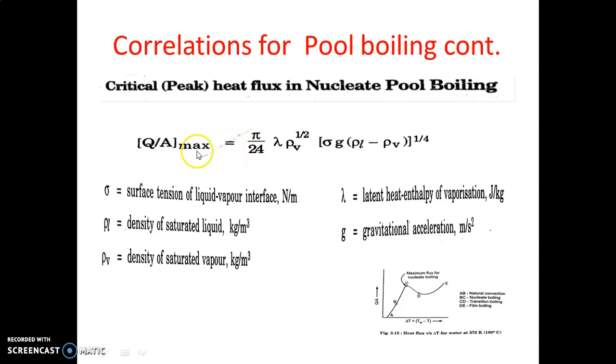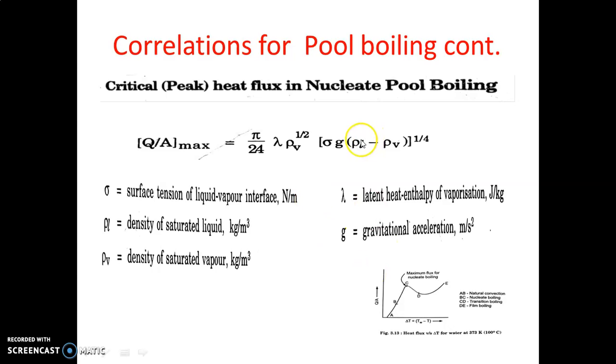Q by A maximum is equal to pi by 24, this is the constant, multiplied by lambda. Lambda is the latent heat, enthalpy of vaporization, in joules per kg, which is the SI unit. Then rho V, that is the density of saturated vapor, in kg per meter cube.